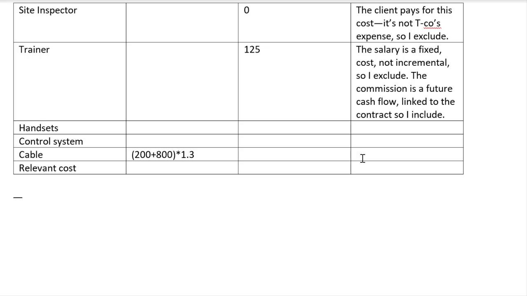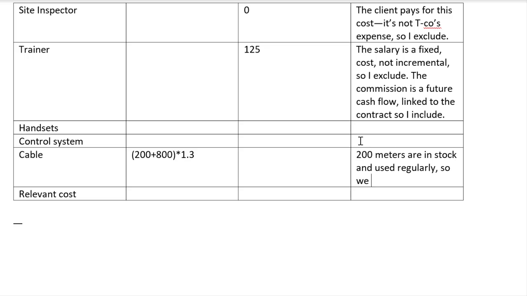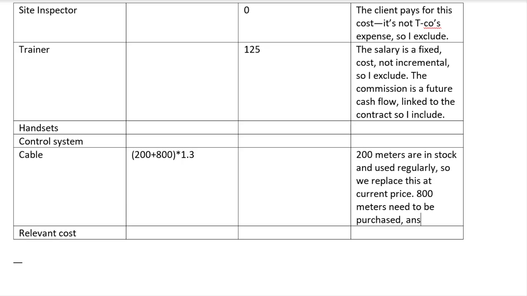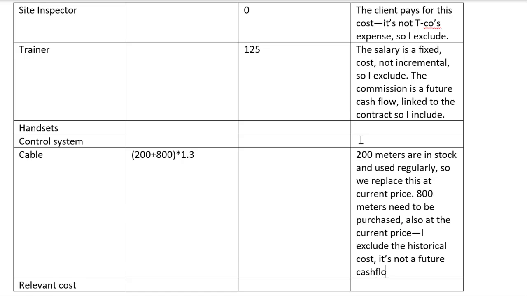Now, let's explain why we arrived at those costs. 200 meters are in stock and used regularly, so we replace this at current price. 800 meters need to be purchased, also at the current price. I exclude the historical cost. It's not a future cash flow. Again, simple English, and we come to 1300.